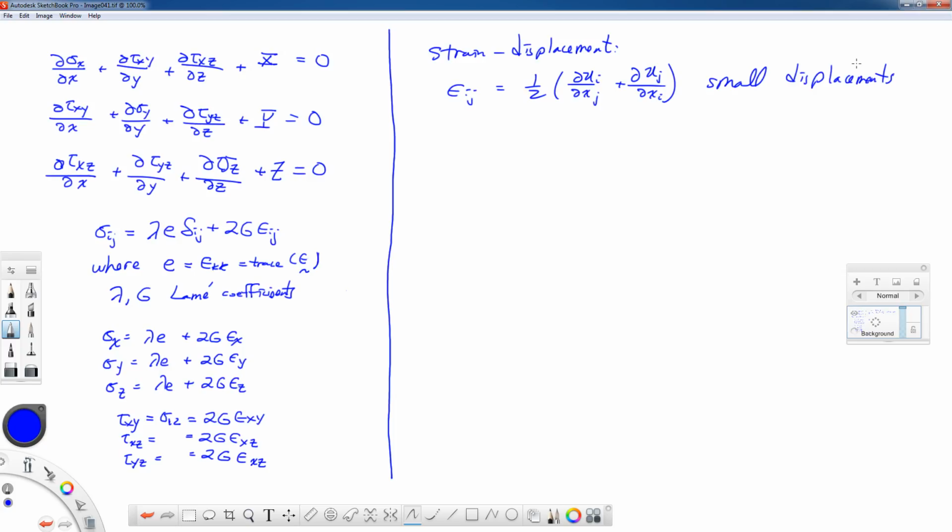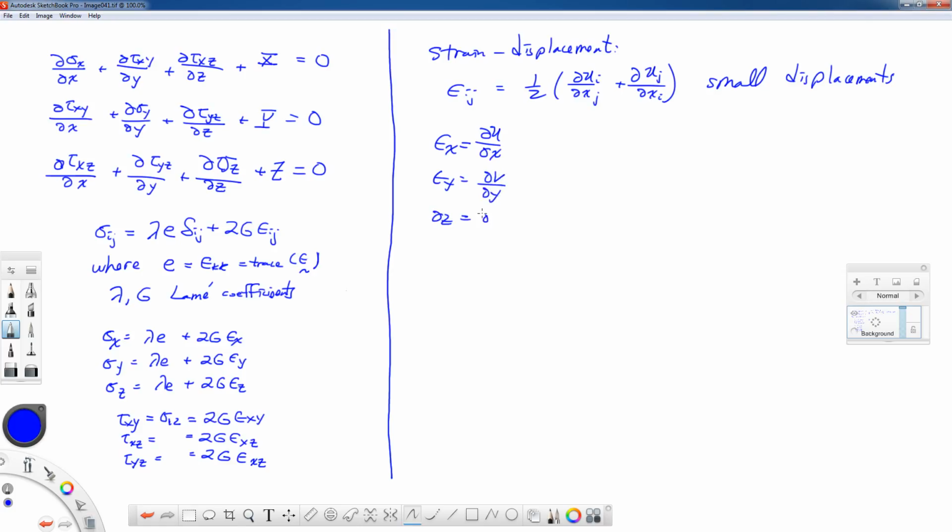In terms of our coordinate strains, we can write down 3 normal strains. Of course, we have terms like the normal strain epsilon x is equal to partial of u with respect to x. Epsilon y is the partial of v with respect to y.